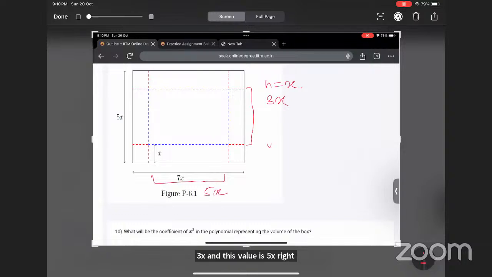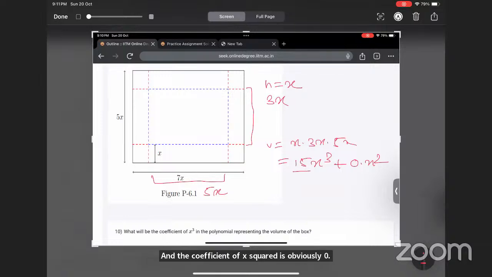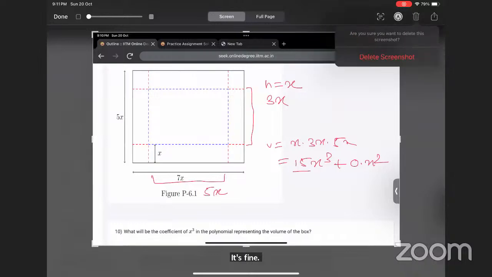That means you have to multiply all three. So we have x into 3x into 5x, which is 15x cube. Fine. So the coefficient of x cube is 15. And the coefficient of x square is obviously 0. Fine.